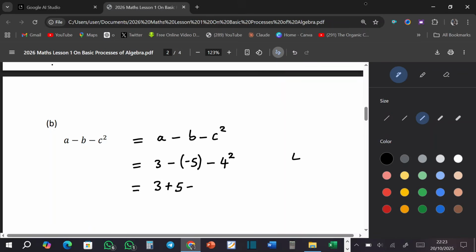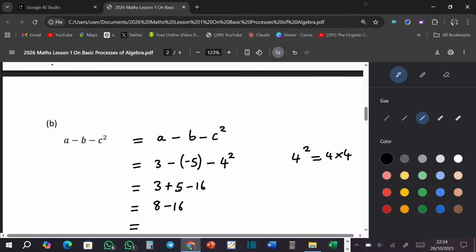If you have 4 to power 2, it means 4 times 4, you get 16 here. So then you add, you say 3 plus 5, you get 8 minus 16. Okay, sorry, let me write the 16 properly. 16 there. So now we are saying 8 minus 16.